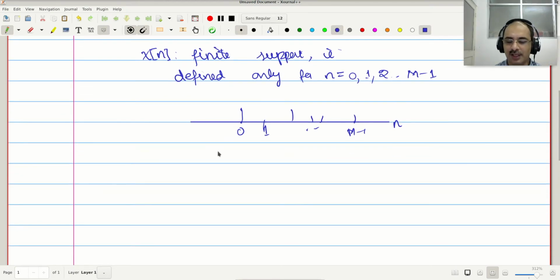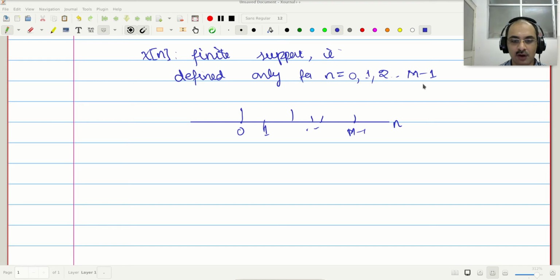If you recall, when you did the continuous time Fourier series, whenever you take a periodic signal, you are able to express it using a countable number of terms, the countable number of terms being the Fourier series coefficients.